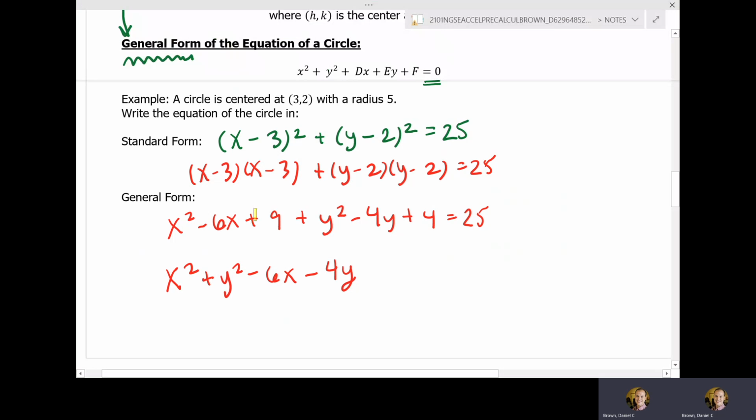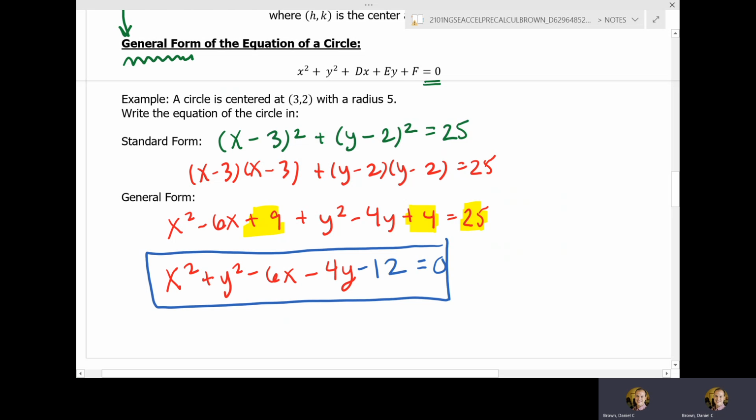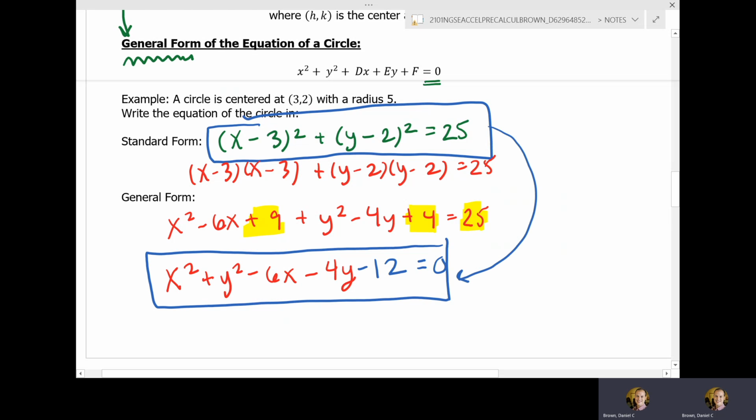And then I have a positive 9 plus 4 subtracting the 25. 9 plus 4 minus 25 is going to give me negative 12, and this is equal to 0. So that would be this same circle where we've taken it from standard form to its general form.